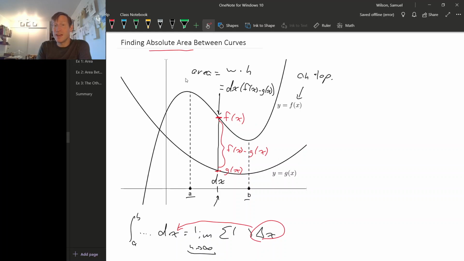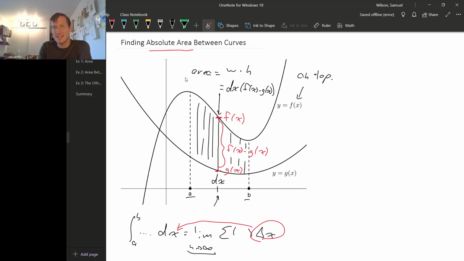So we've solved this area problem for one of these infinitely narrow strips. It's just f of x minus g of x times dx. Now we need to put together all of these infinitely many strips. There's one of these narrow strips for every x value from a to b. So we need to add up infinitely many, infinitely small areas.